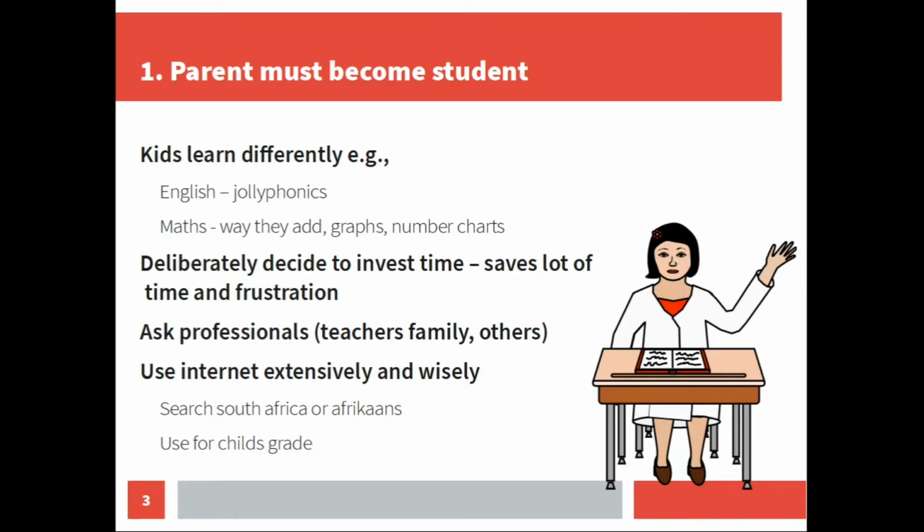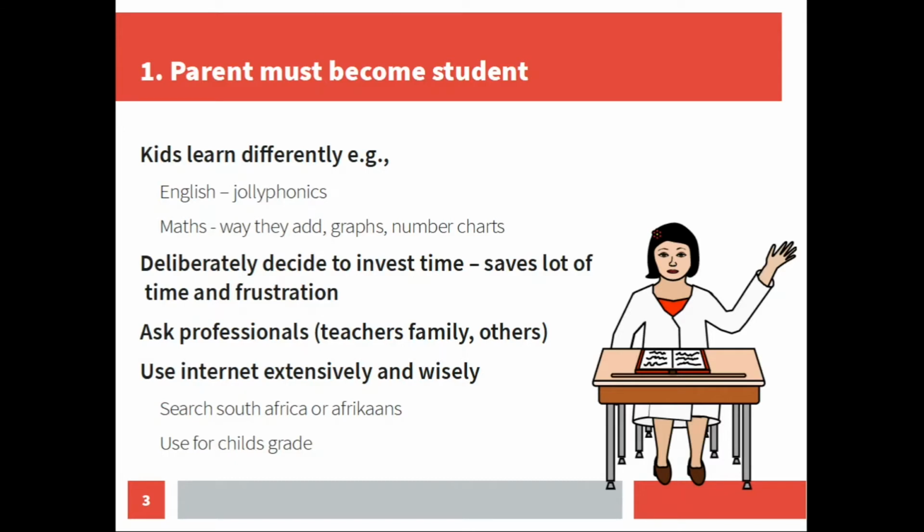And if you have the internet, use it extensively and wisely. Usually search for South Africa or for Afrikaans, because if you just search, for example, for grade 2, you get lots of overseas, especially American information that does not necessarily correlate with our syllabus. Another example is Jolly Phonics. They do not pronounce Z as we do, and that just confuses the child.